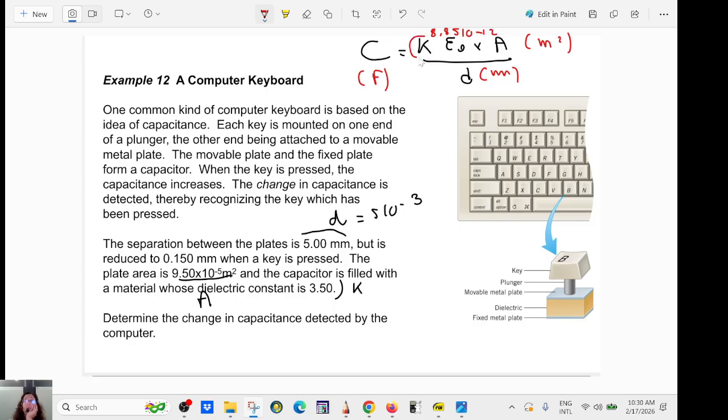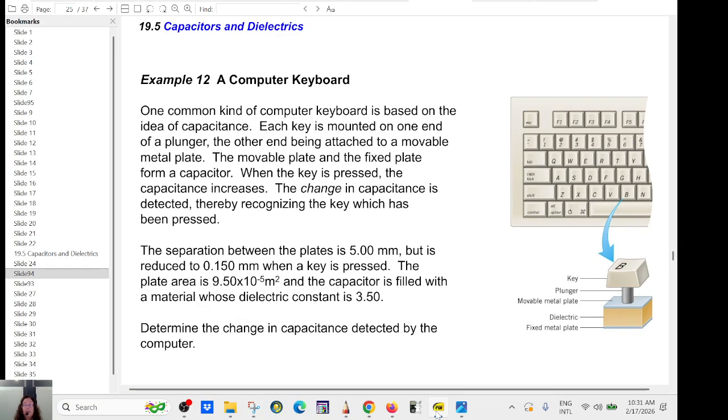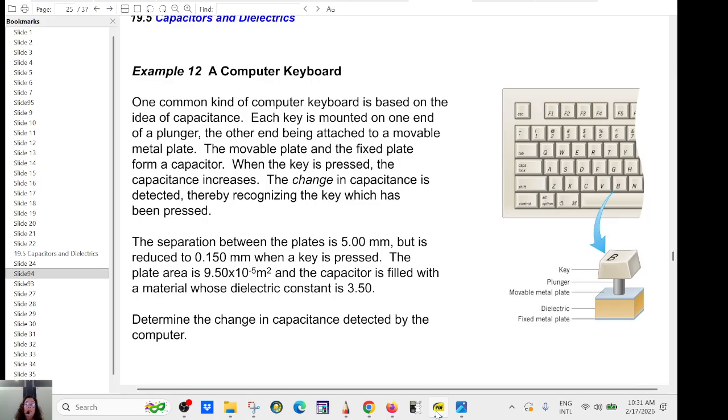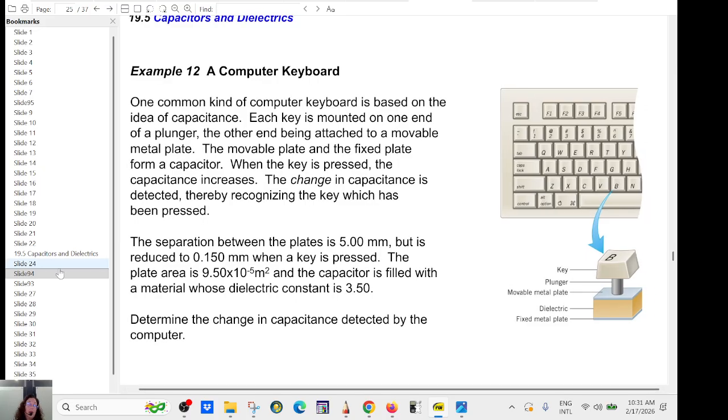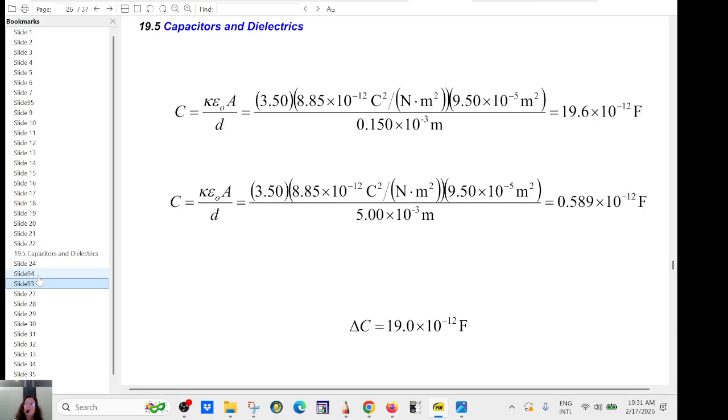That's just a constant. See, it has no unit. It's a constant. 3.5. Okay, so that is what you should get.